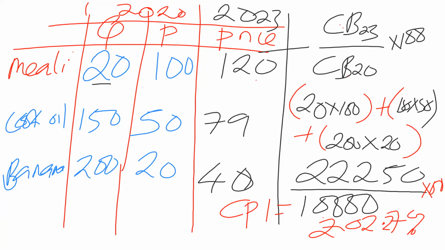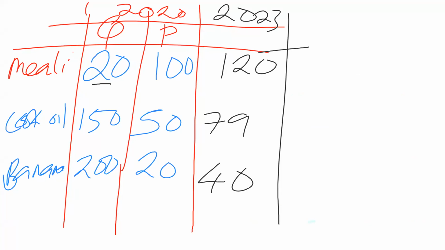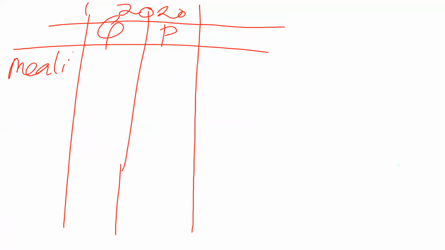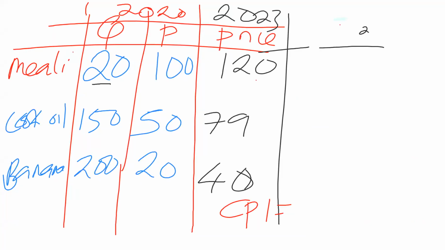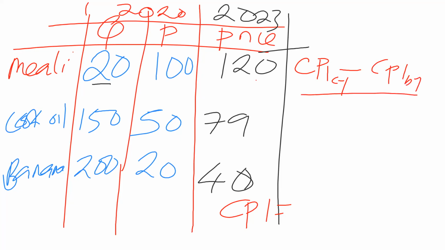Okay. Now, how do you assess the inflation rate using the CPI? Maybe you have a question of assessing the inflation rate or detecting how the prices changed. Actually, the inflation rate is very easy. It is the CPI for the current year minus the CPI for the base year, divided by the CPI for the base year, times 100.